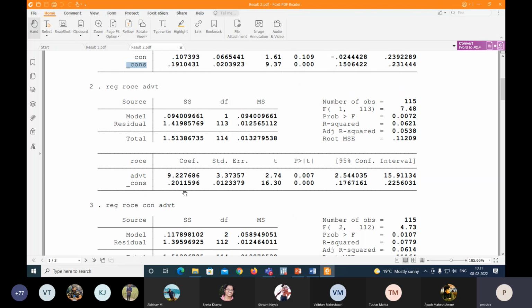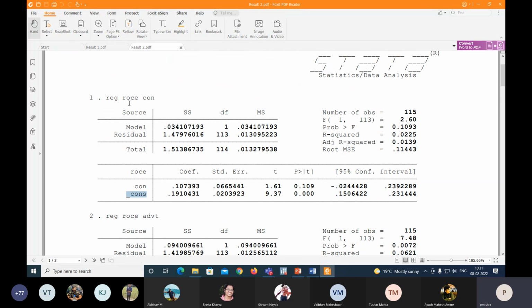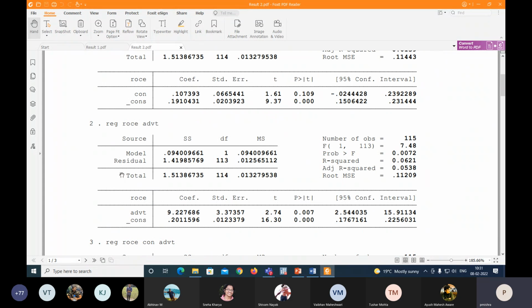Let me just tell you, the first model is estimated with ROCE being the dependent variable and market concentration being the independent variable. Here the model is estimated with ROCE being the dependent variable and advertising intensity being the independent variable.